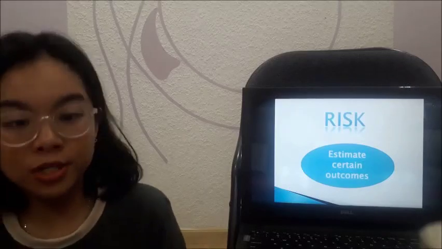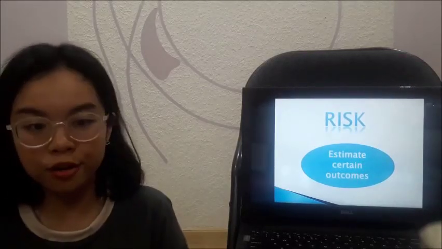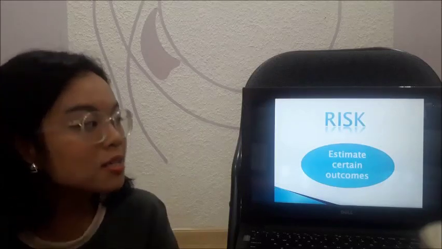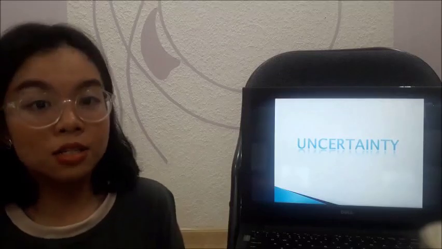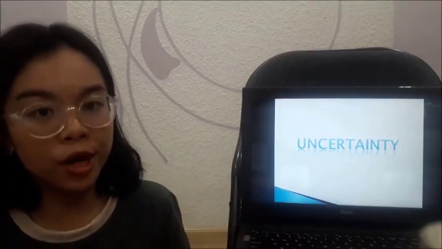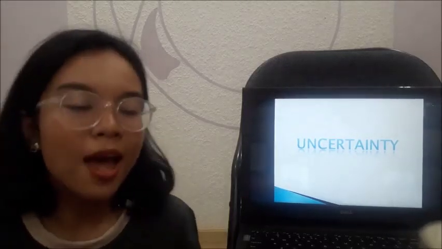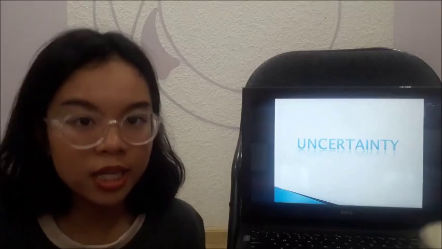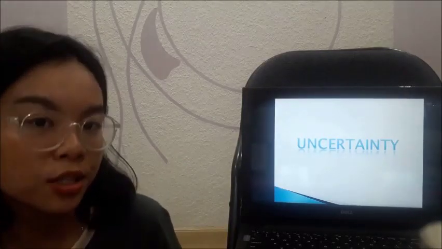The second one is risk. Risk is a situation in which the decision maker is able to estimate the probability of certain outcomes. And the last one is uncertainty. Uncertainty is a situation in which a decision maker has neither certainty nor reasonable estimates to make decisions.